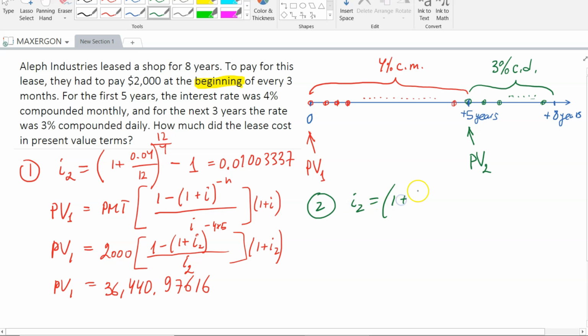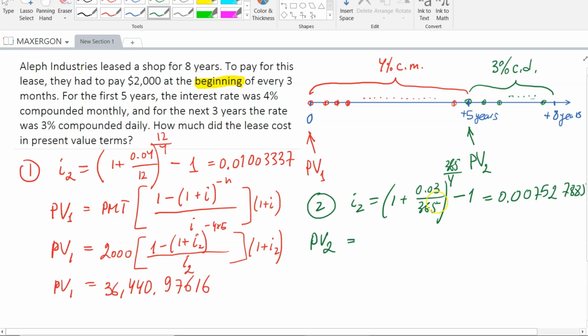I2 is equal to 1 plus 0.03 divided by 365, to the power 365 over 4, because we need a quarterly compounded rate, minus 1. This is equal to 0.007527885.